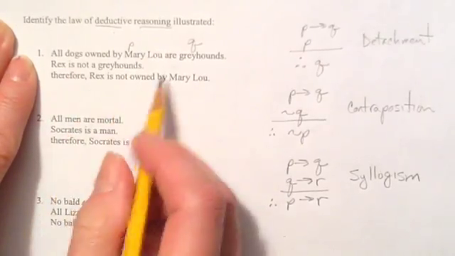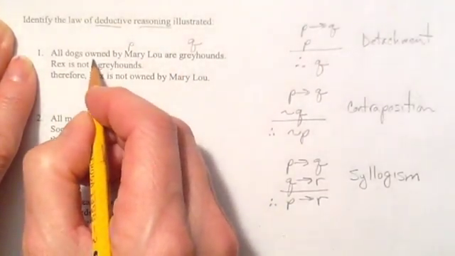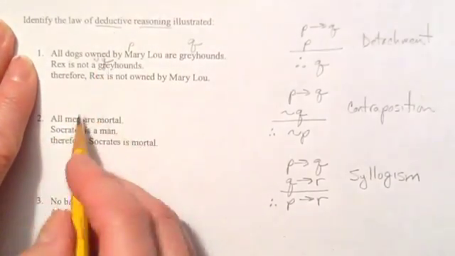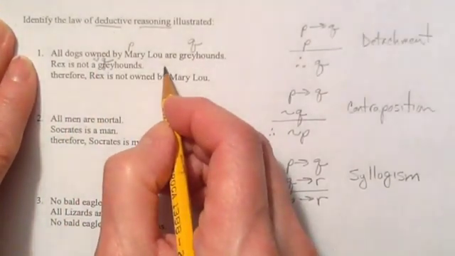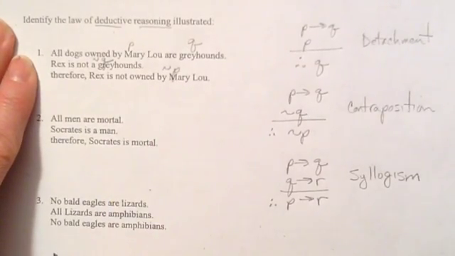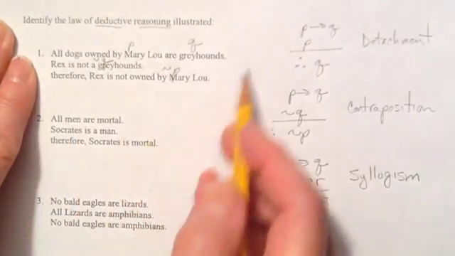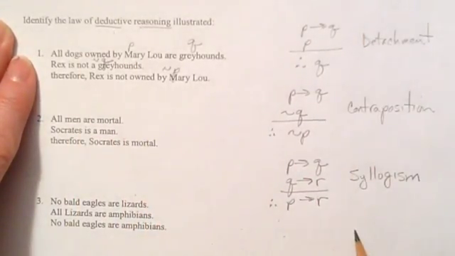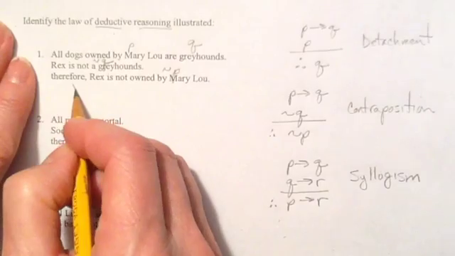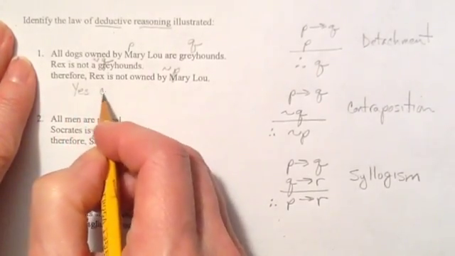So how do I write not a greyhound? Not a greyhound. Therefore, Rex is not P, owned by Mary Lou. Is this one of the laws of deductive reasoning? Which one? And this would be yes, contraposition.